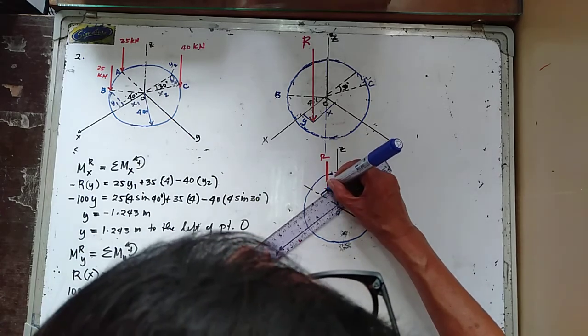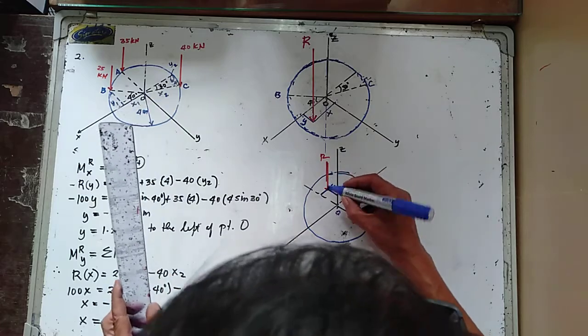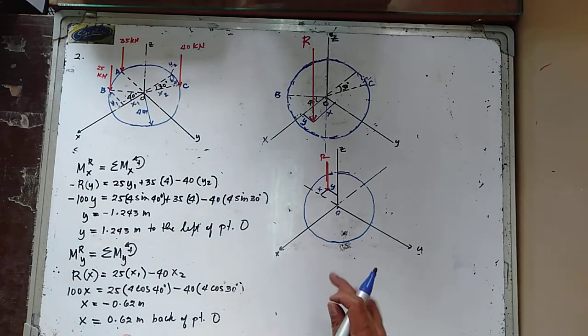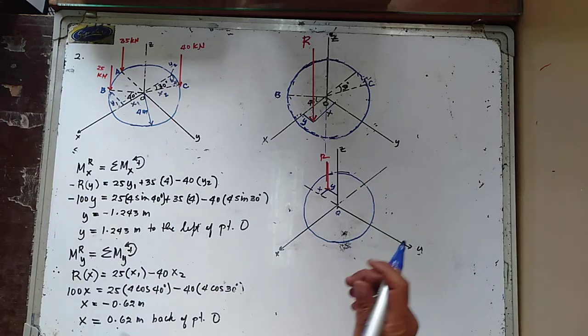So this is now your x, and your x is equal to 0.62 meters back of O.